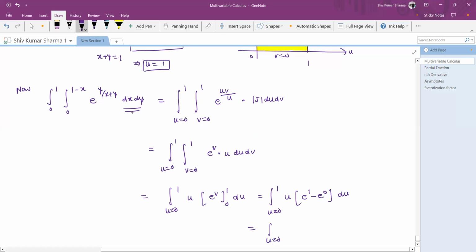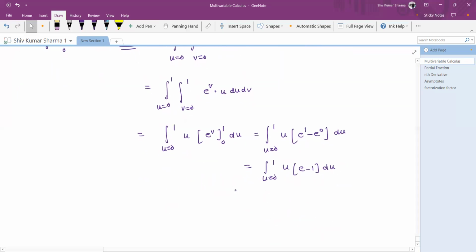So e minus e raised to the power 0, which is 1, so e minus 1, which is purely constant. We take it outside the integral, and we have the integral of u du from 0 to 1. The integration of this is u square upon 2, from 0 to 1.